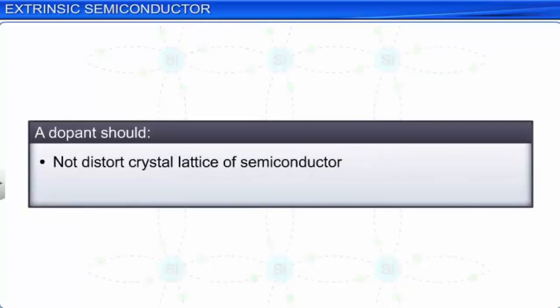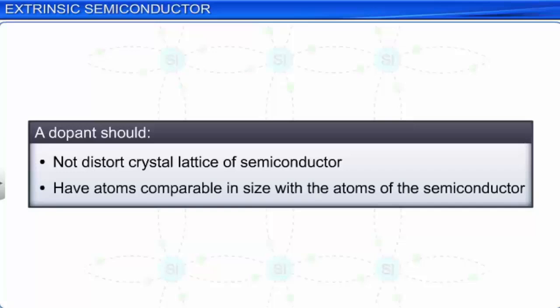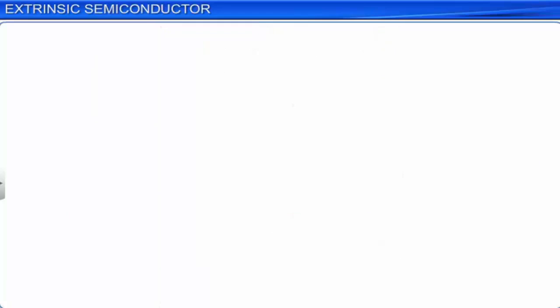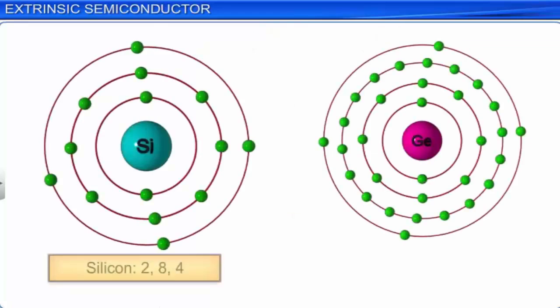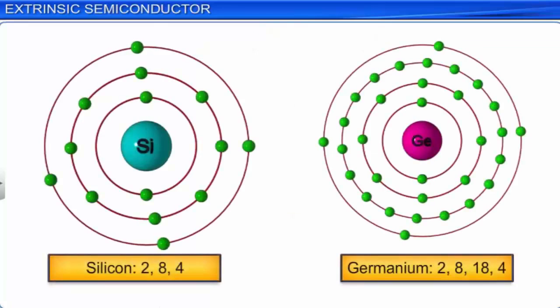For this, the dopant atoms should be comparable to the semiconductor atoms in size. We have learned that both silicon and germanium are tetravalent. That is, each of their atoms has 4 valence electrons.